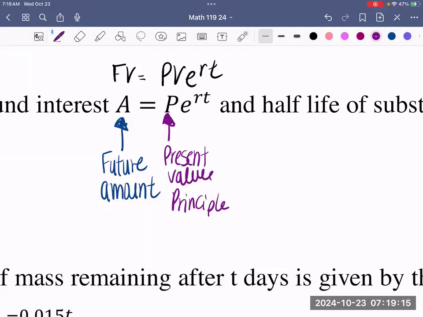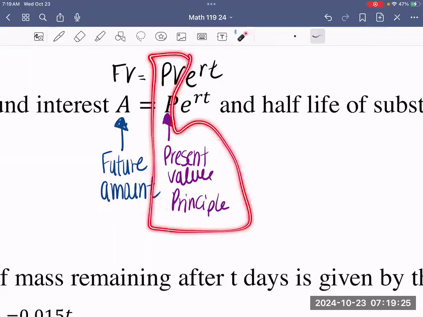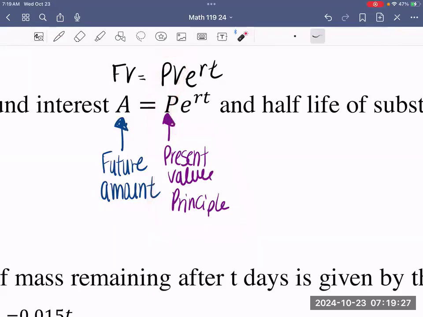Your present value, your principal, your initial amount, your original value, anything that says that you have this amount right here, right now. Now, E is just E, it's itself. R is your rate, and T is your time.